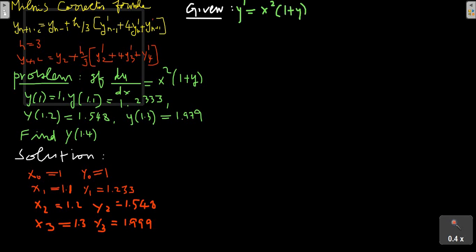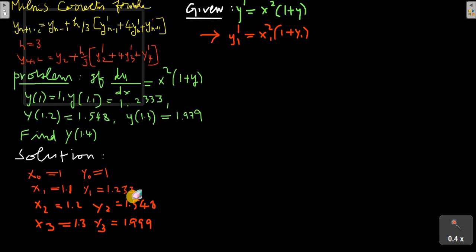Now, which implies y1 dash equals, so replace x by x1 square and then replace y by y1. Then we are substituting the corresponding values here. x1 equals 1.1 and y1 equals 1.233.